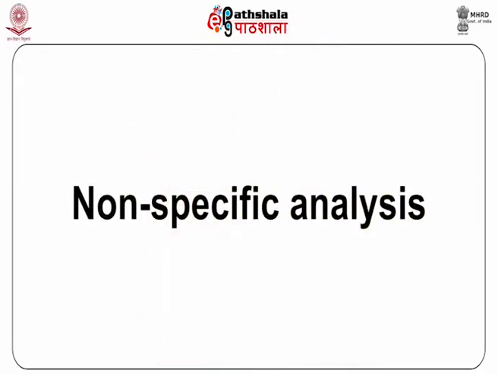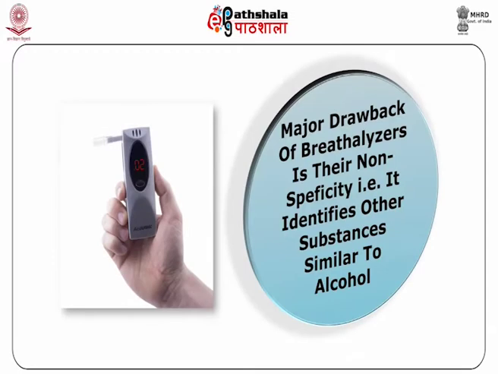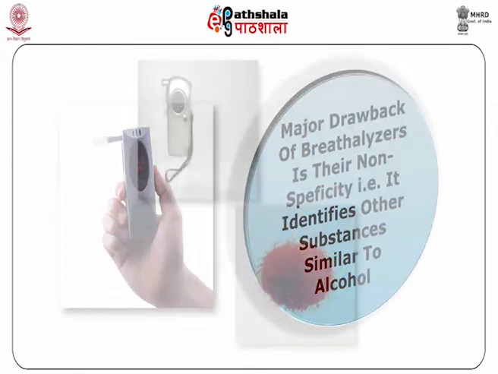First, non-specific analysis. One major drawback of traditional breath analyzers is their non-specificity. That is, the machine also identifies other substances which have similar reactivity or molecular structure to alcohol.